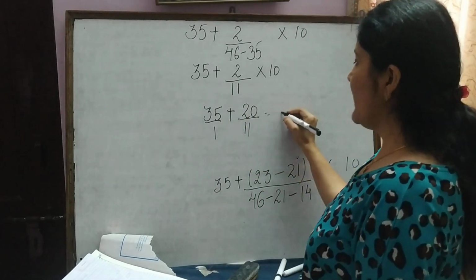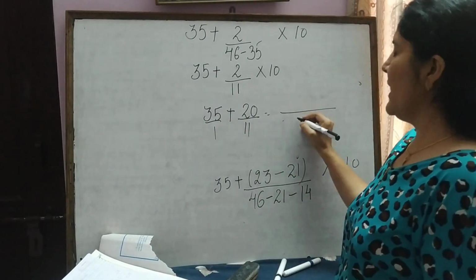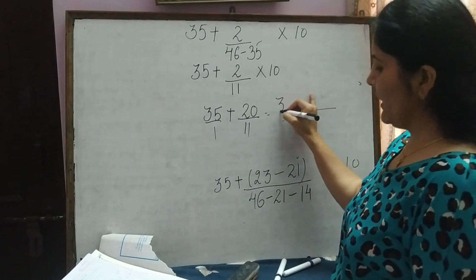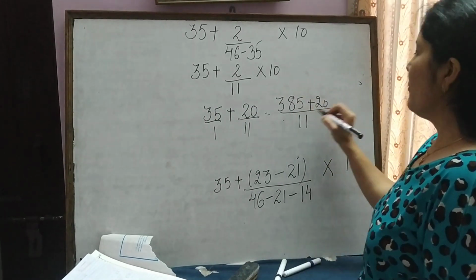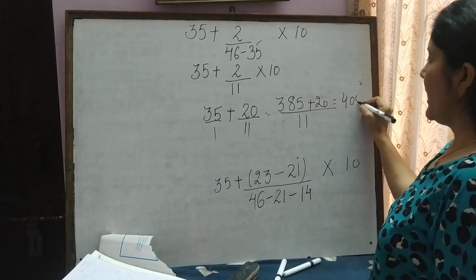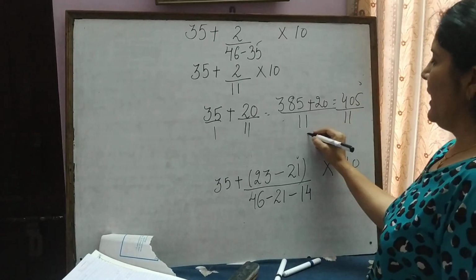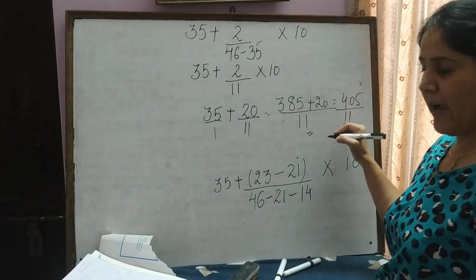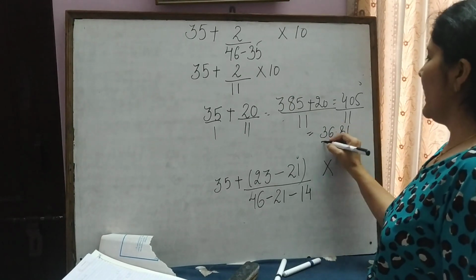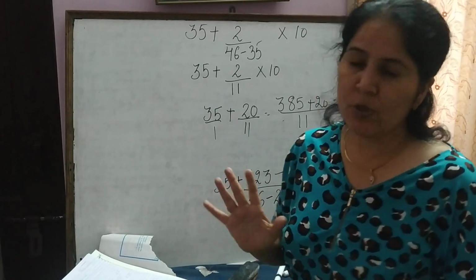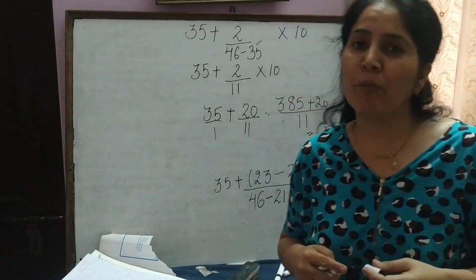Now I am going to take the LCM. The LCM of 1 and 11 is 11. In the numerator it will come 385 plus 20. When I add it, it comes 405 upon 11. And when I divide 405 by 11, it is equal to 36.81. So this was the complete mode.